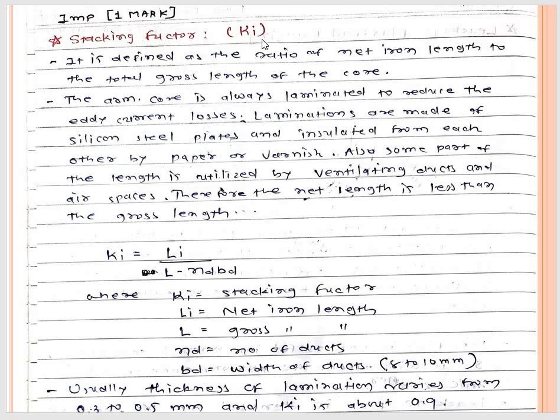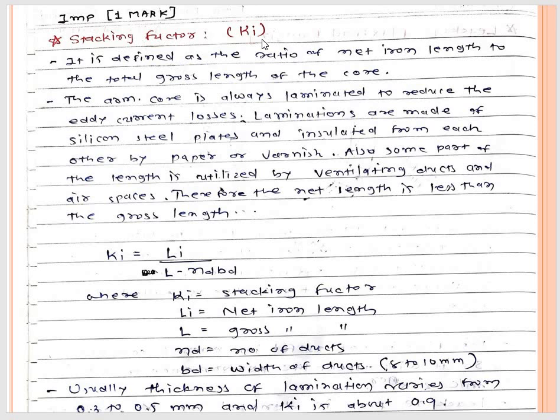Now the armature core is always laminated to reduce the eddy current losses, and laminations are made of silicon steel plates and insulated from each other by paper or varnish or other insulating materials.